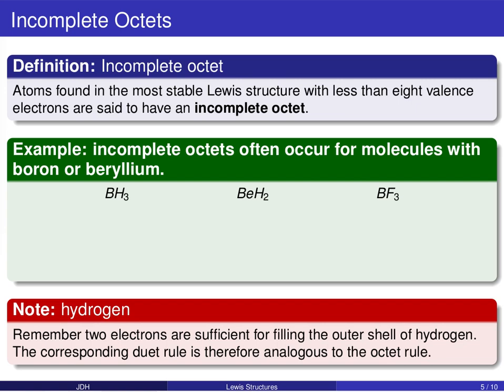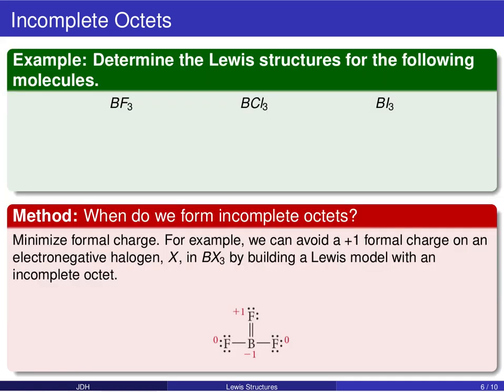But this does beg the question, right? For example, if we look at the structure that we just had for boron trifluoride, we saw that the central boron atom had a total of only 6 electrons associated with it. But you might have looked at that Lewis dot structure and wondered, well, hey, wait a minute.